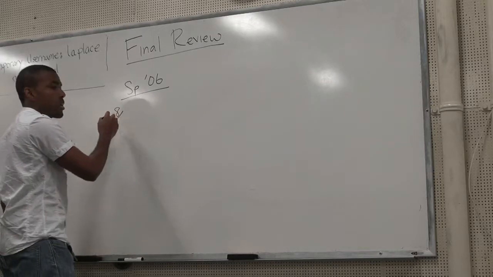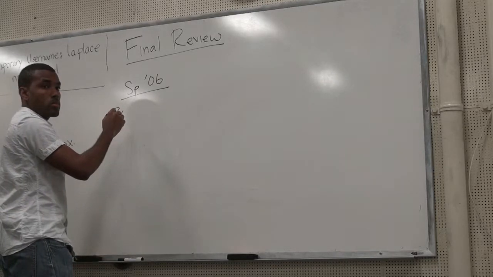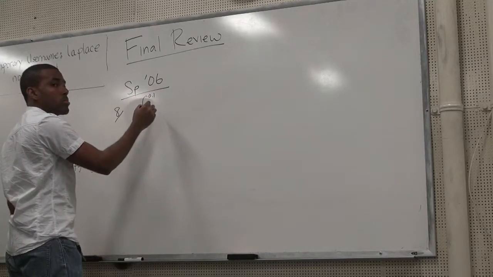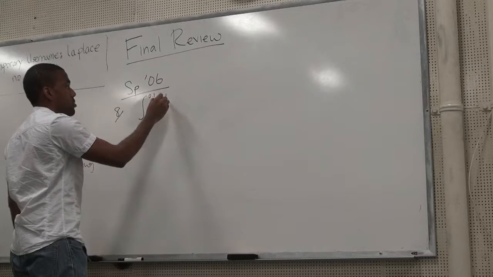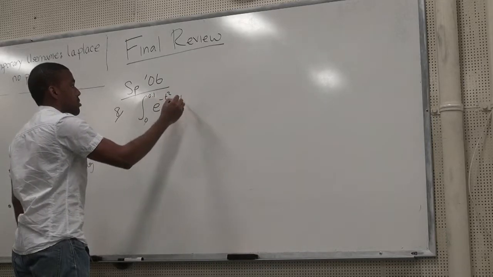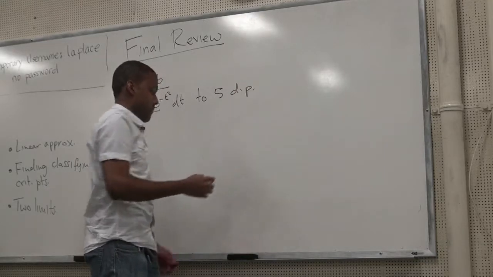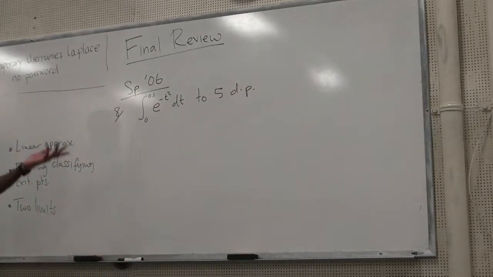Use a known series to approximate the integral from 0 to 0.1 of e to the negative t squared dt to 5 decimal places. Something like that is a kind of question that I might ask. It will be very similar to that. I probably won't say 5 decimal places; I'll probably tell you how many terms I want. But something like that is actually a good problem.